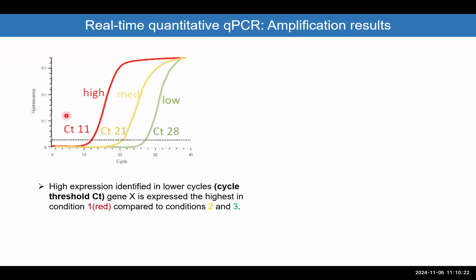Now, these three conditions, again, the high expression is identified in lower cycles. So this means in the lower CT, the cycle threshold, this particular gene X is expressed the highest in condition number 1 because it showed up much earlier compared to conditions 2 and 3. You can imagine that, for example, someone who is normal for insulin production has this curve for the insulin gene.